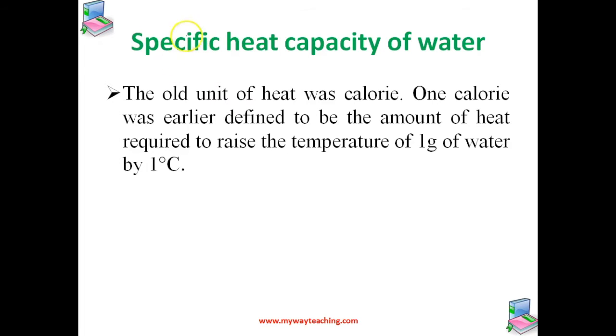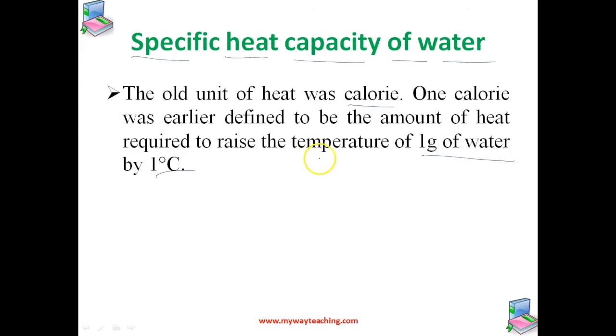Now let us study the specific heat capacity of water. The old unit of heat was the calorie, isn't it? 1 calorie was earlier defined to be the amount of heat required to raise the temperature of 1 gram of water by 1 degree Celsius.